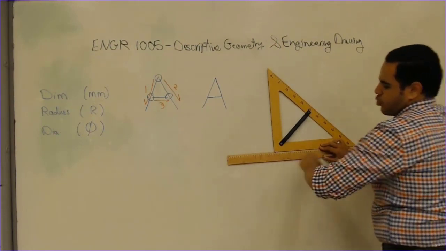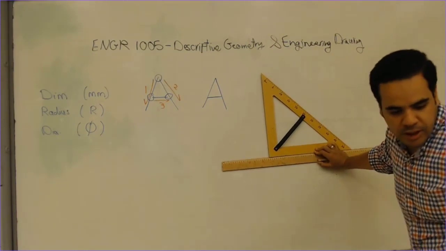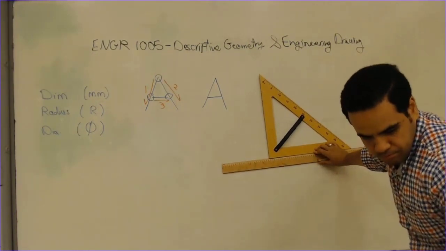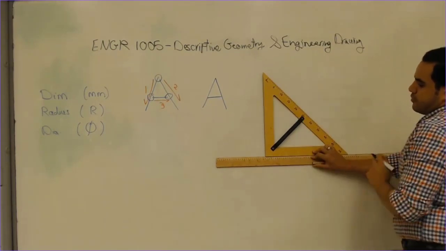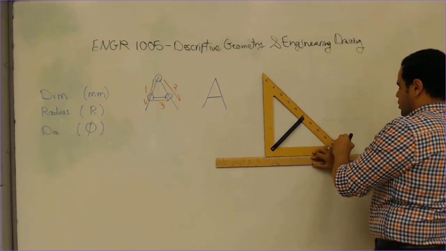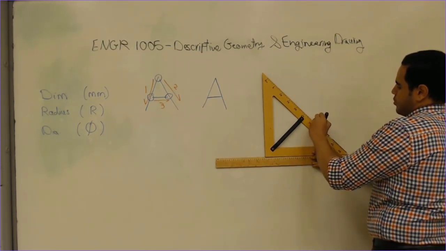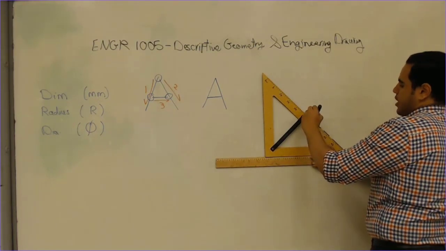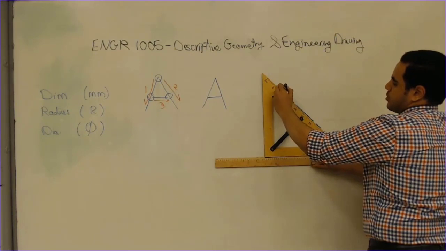So again, I'm considering my ruler is horizontal, and this angle should be 45. Okay, so the phantom line is long dash, gap, small dash, gap, small dash, and another gap, and finally another long dash. And I'm going to repeat this.